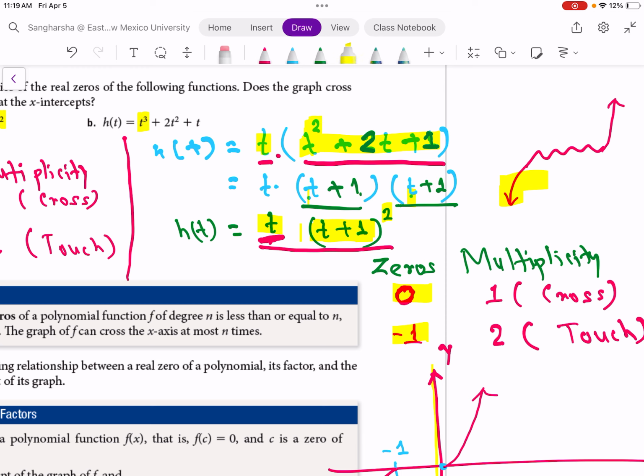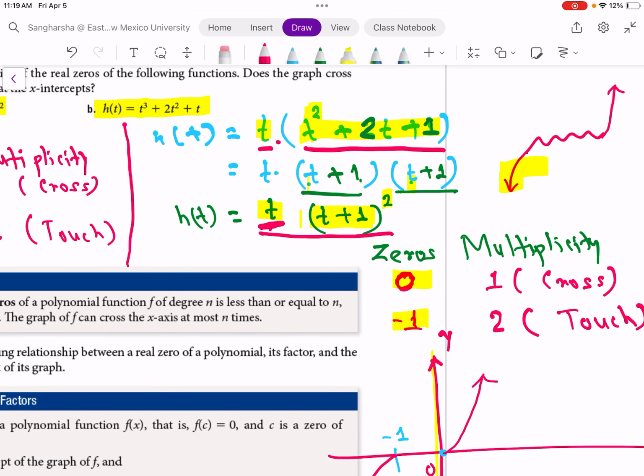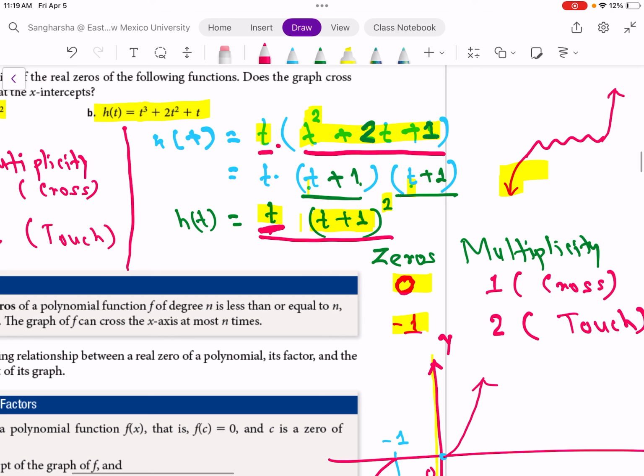Now when our t is negative 1/2, do we get a positive number or negative number? So the cube of negative 1/2 is negative 1/8, right? So you substitute negative 1/2 for every t in this function, and we get a positive or negative.